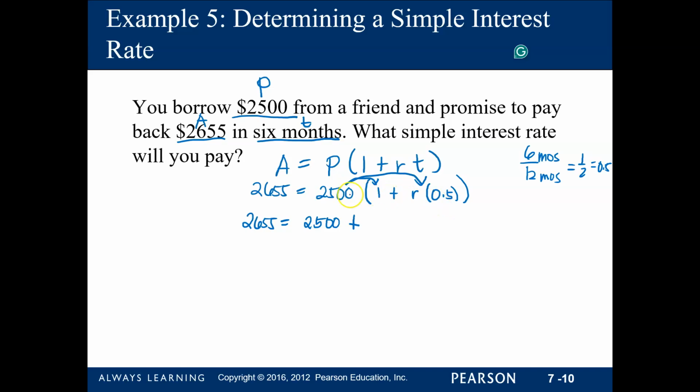If you get on the calculator 2,500 times 0.5, that is 1,250, and you multiply the R, and so you have this expression now. So remember, in algebra we want to isolate R. So before we can do that, we need to remove the 2,500. And with that, we do the opposite. So we subtract 2,500 on both sides, which is going to give us 155 is equal to 1,250 R. And this time, since we can already get our variable by itself, we divide by 1,250.